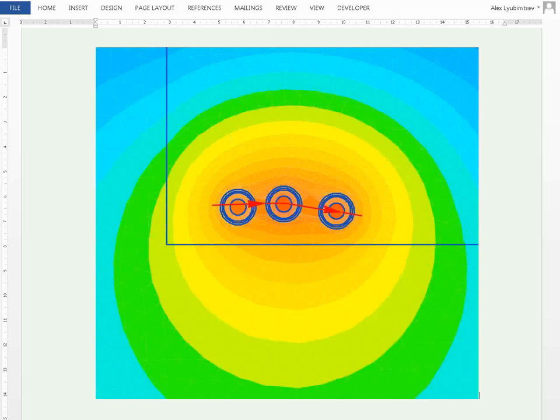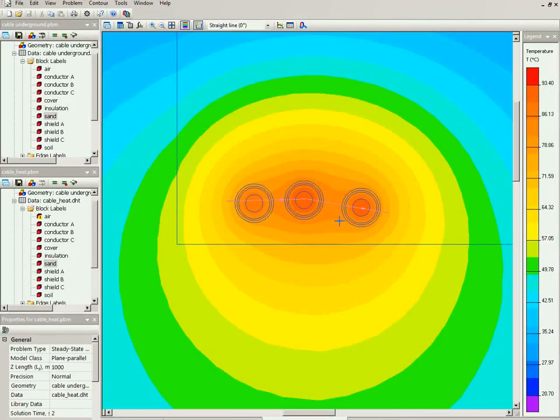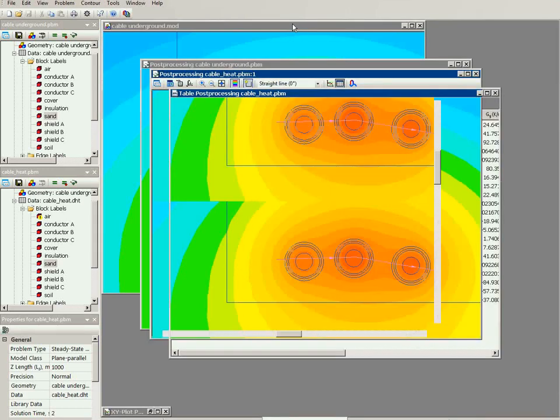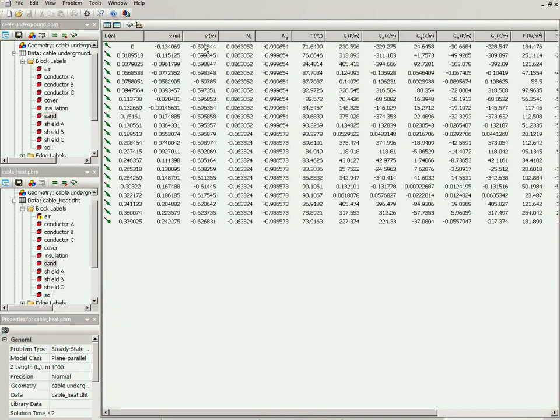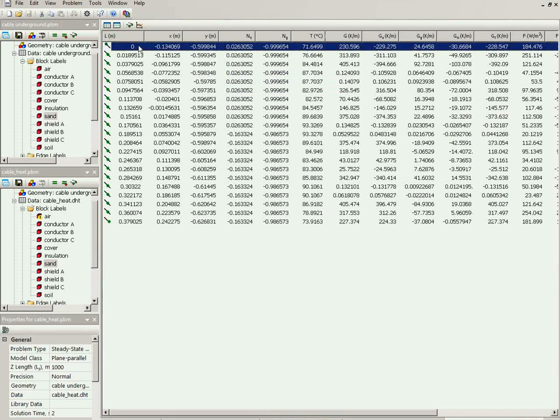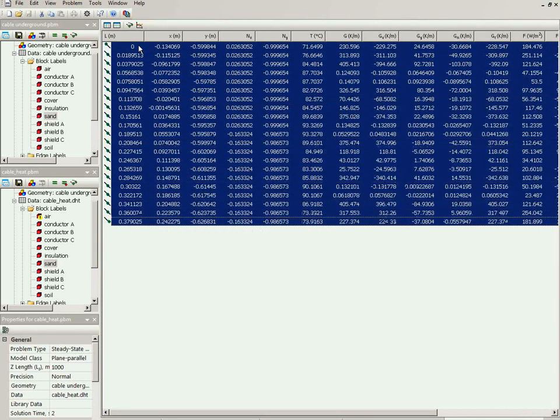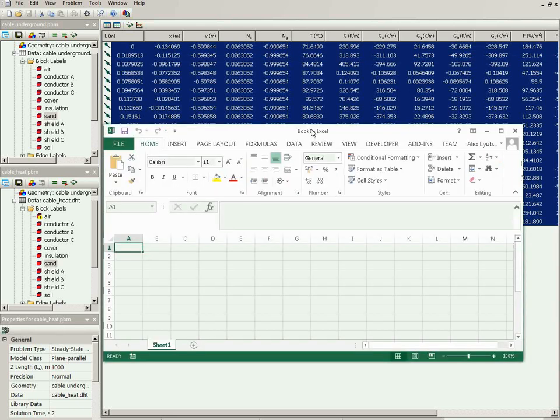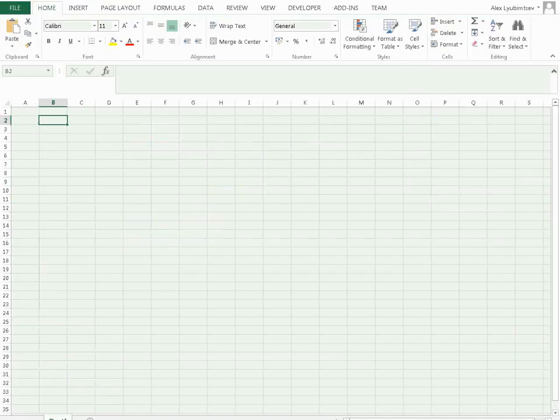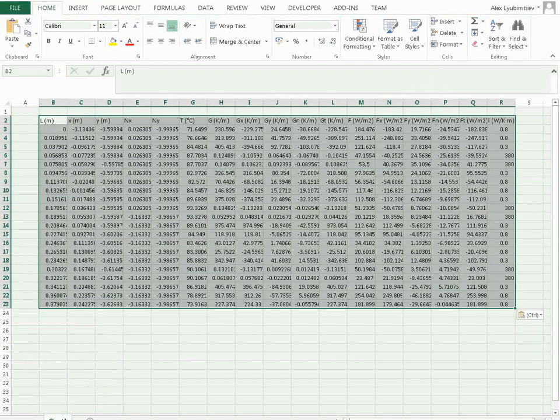You can copy not only the pictures but, for example, take a look at the table: coordinates along the contour, temperature along the contour. You can copy this table and paste it, for example, in Excel, and make the plot here.